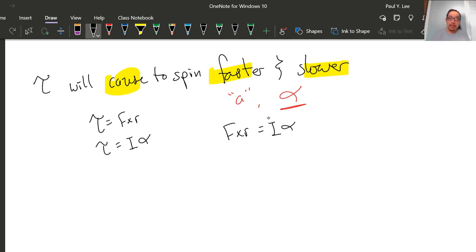So if I were to break this down, I would say if you have an object, which is I, your rotational inertia, and that object is spinning faster or slower, alpha, the reason for that is because there is an outside force acting on the object at a distance r away. Right? So the entire formula just communicates with each other. But for this video, let's focus on that formula.